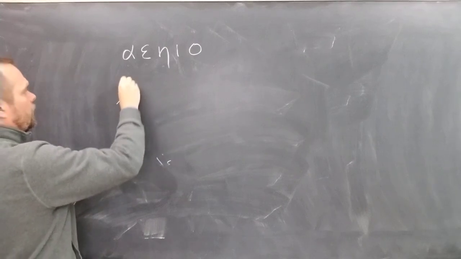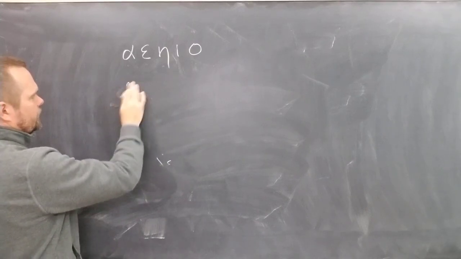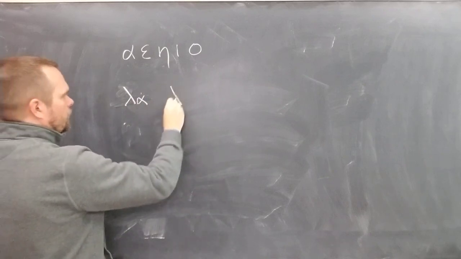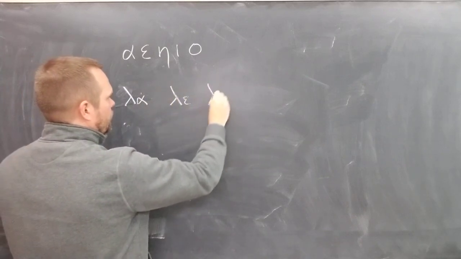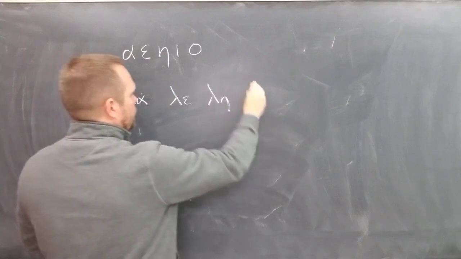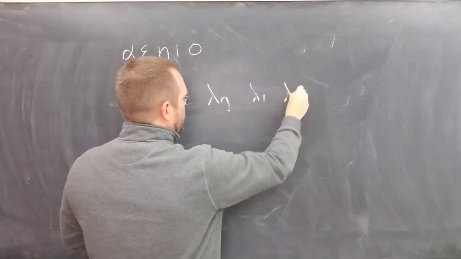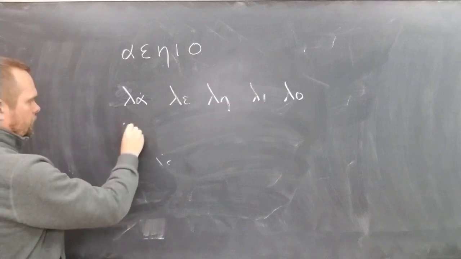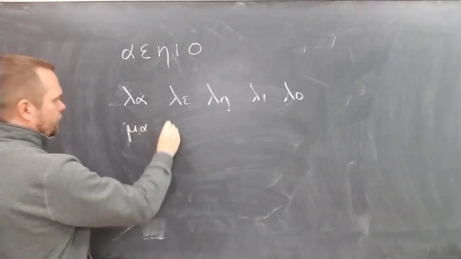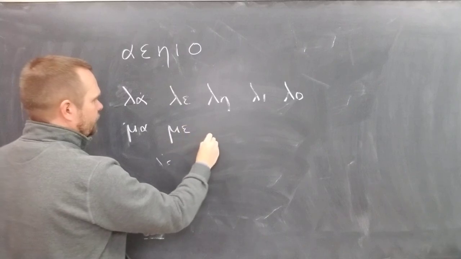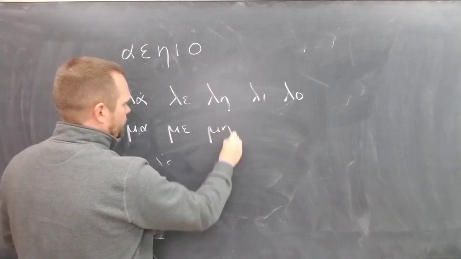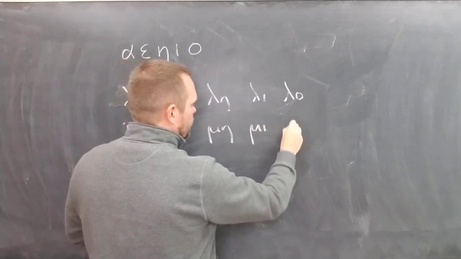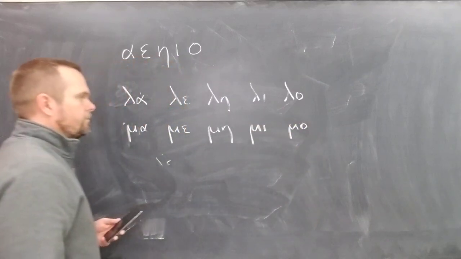We have la, or I should do it in a simpler form to keep it simple. La, le, li, lo. Ma, me, mi, mo.